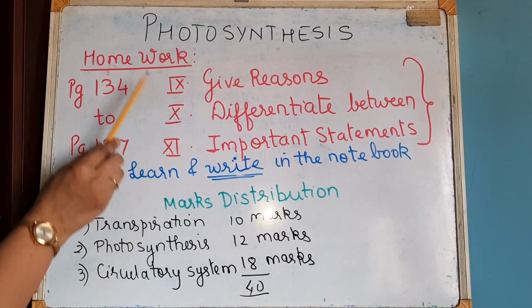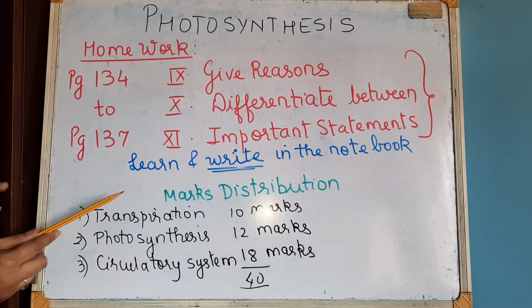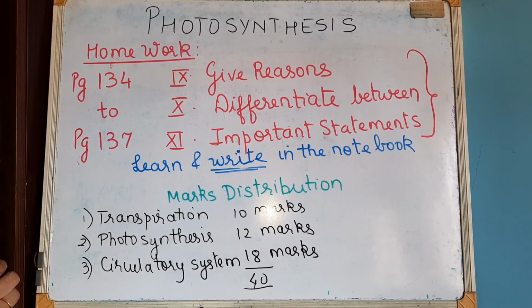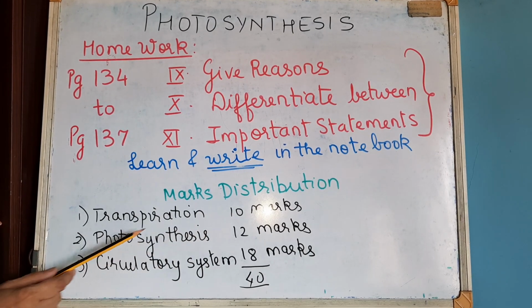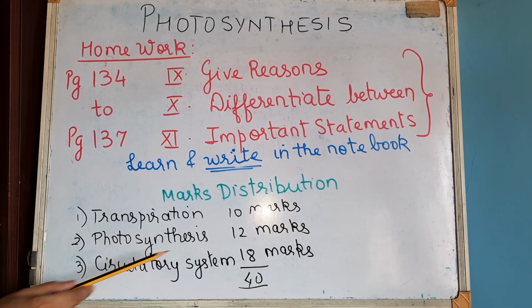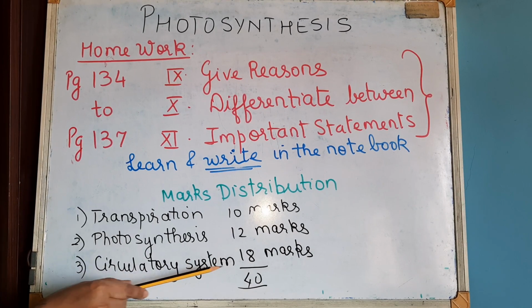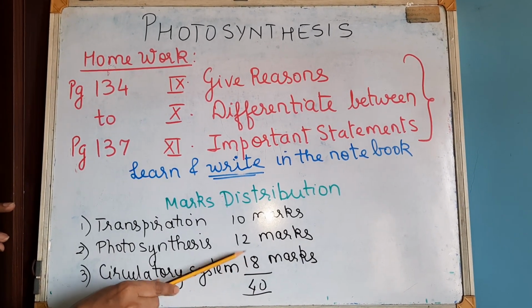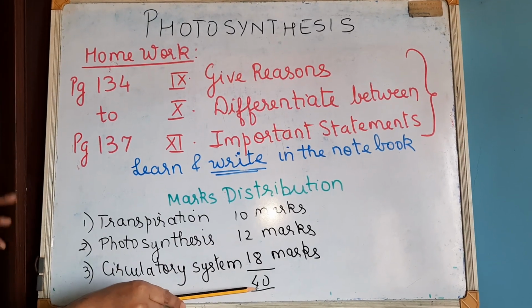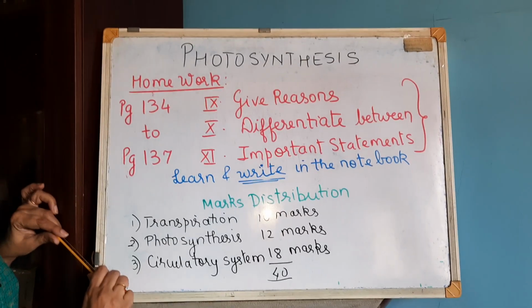All this is the homework for photosynthesis, and this is your distribution of marks for the first bio test. Transpiration will be 10 marks, photosynthesis will be 12 marks, and circulatory system is 18 marks. Circulatory system is a slightly longer chapter, so that's why more weightage for it. 18, 12 and 10, that is 40 marks, and it will be a 1 hour paper.